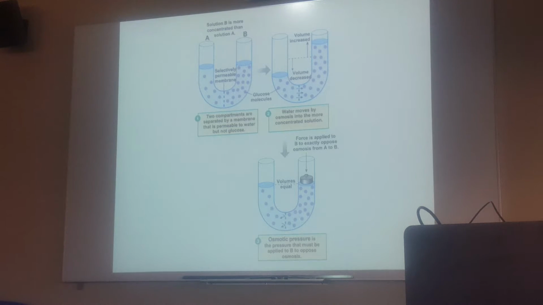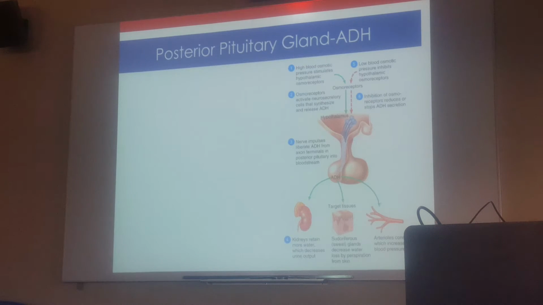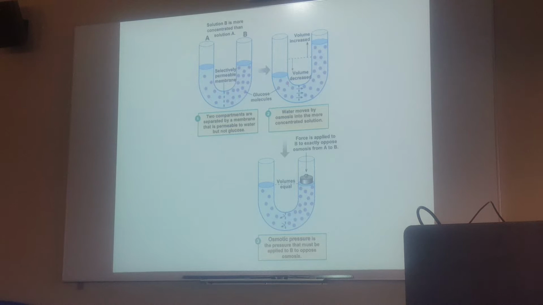You can see on the right side, B, there's more glucose molecules than on the left side in A. In number 1, the volume is the same, so the concentration of those molecules, or the osmolality, would be different, okay? If water is able to freely move back and forth across that membrane, it will concentrate so the concentration is the same, so that you have the same number of glucose molecules in an appropriate volume compared to the B side, okay?